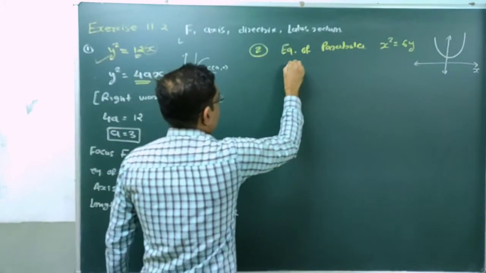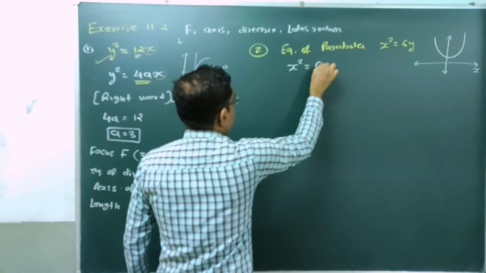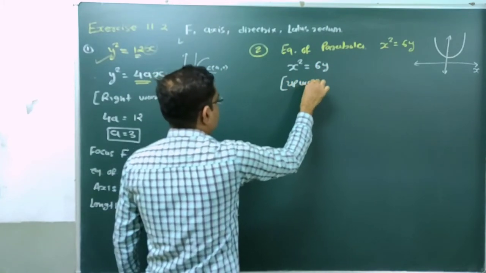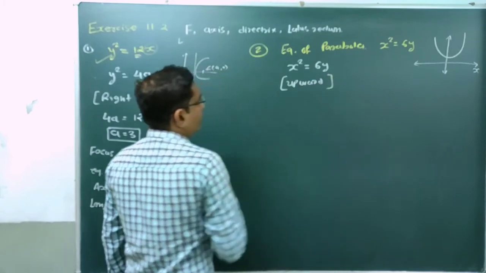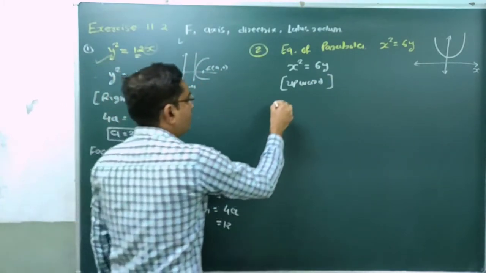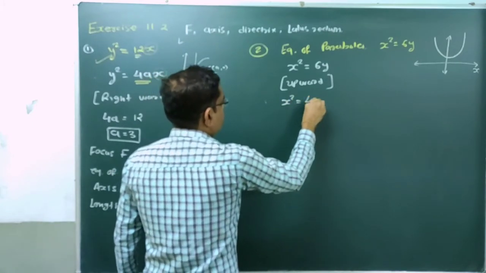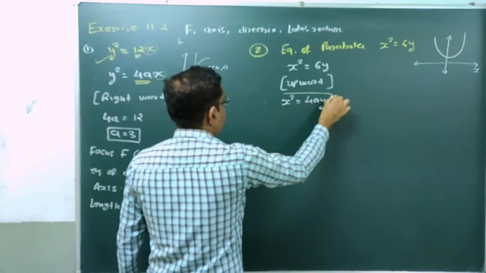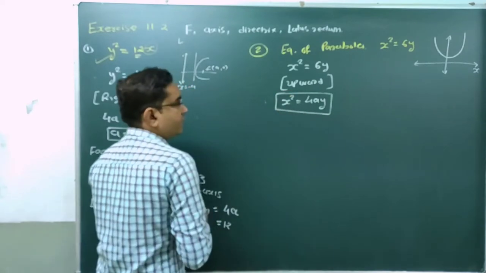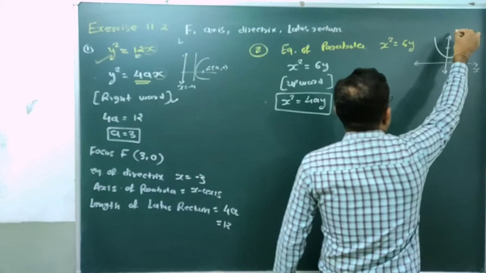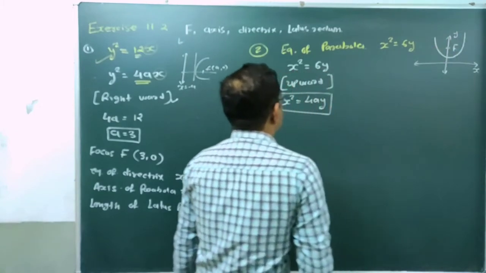So the equation of the given parabola is x square equal to 6y. Which type of parabola? It's an upward parabola. What is the equation of an upward parabola? It's x square equal to 4ay. So here focus lies on the y-axis.